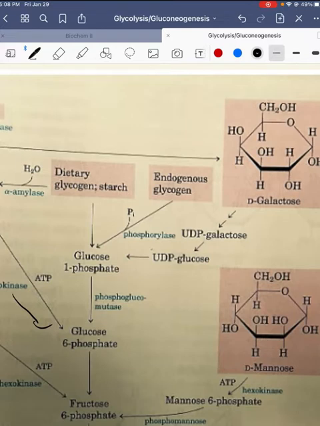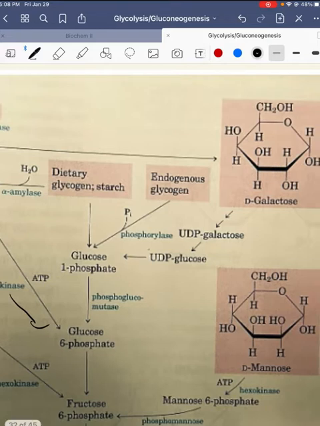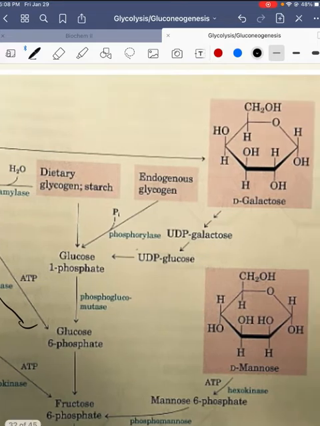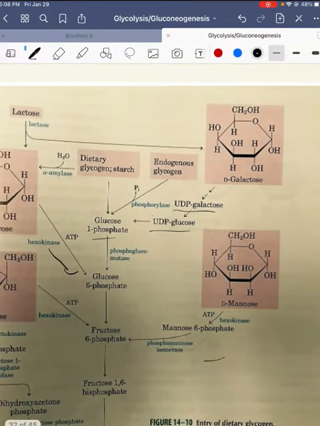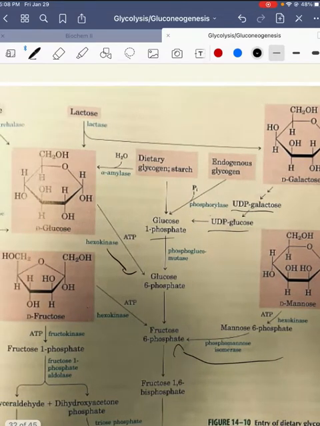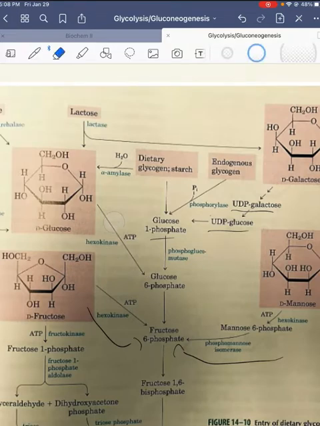Just be aware that other sugars can enter glycolysis through different intermediates. So galactose is converted to UDP galactose and then UDP glucose and then goes to glucose 1-phosphate. Mannose can enter at fructose 6-phosphate, and then fructose can also enter at fructose 6-phosphate. I think you guys should just be aware that different sugars can enter glycolysis through different intermediates.